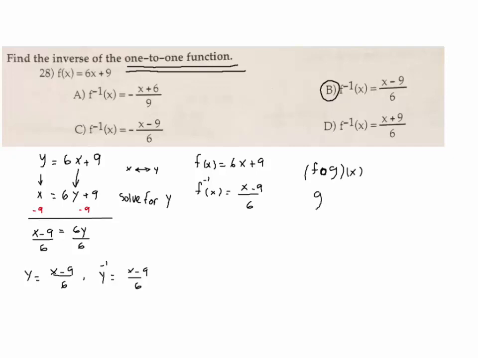The circle should be smaller than that, but I made it a little big. Anybody know what function this is? You need to know that for our next exam, actually. Somebody said multiplication. No? Anyone else?